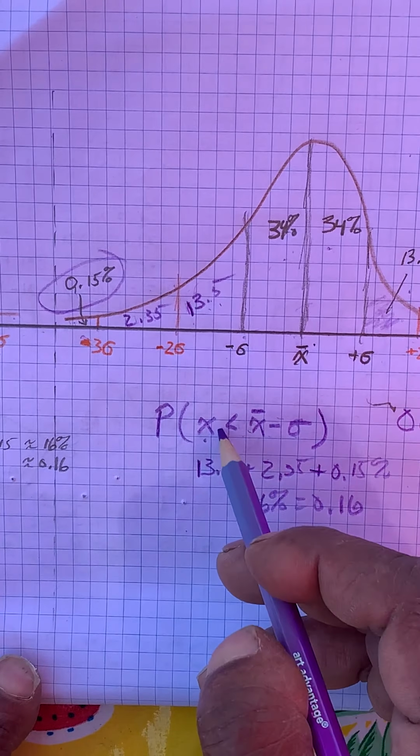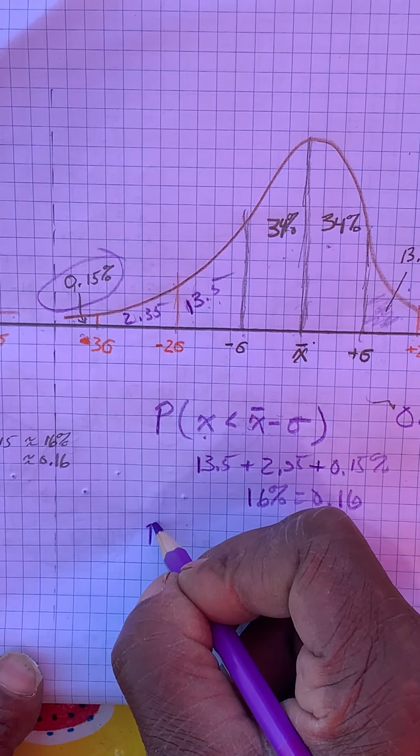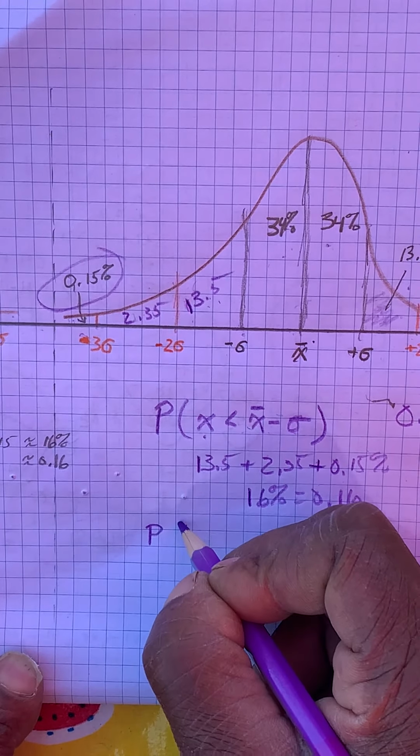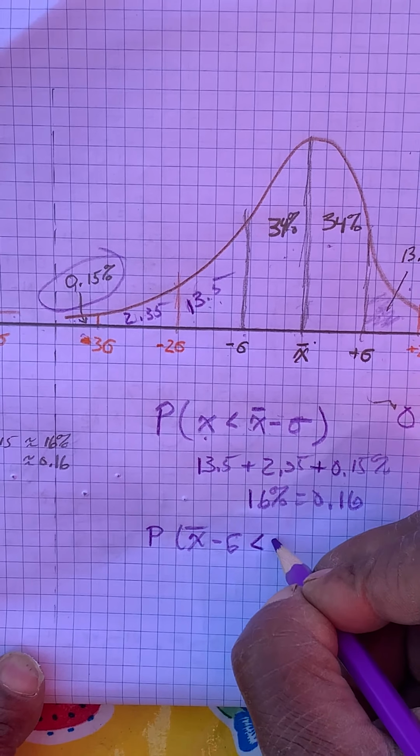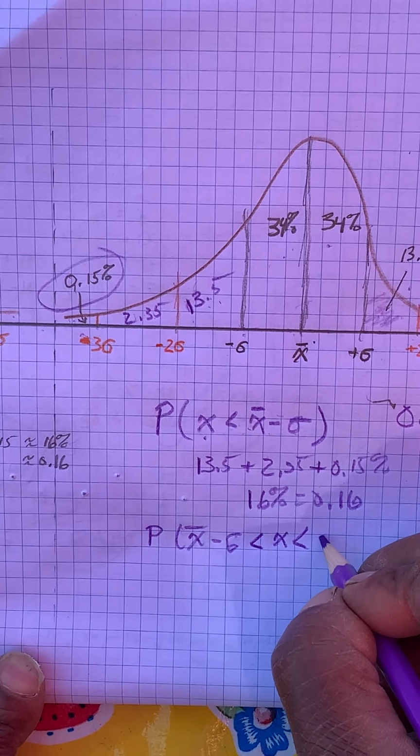We could do similar ones. You could ask, what's the probability of our number x being between x bar minus 1 standard deviation and x bar plus 1 standard deviation?